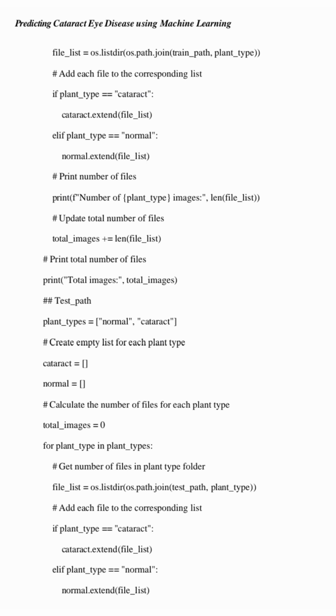Next, the test path, using the test path for normal or cataract. We create an empty list for each plant type. If it is cataract, we use the files for cataract; if it is normal, we use them for normal.